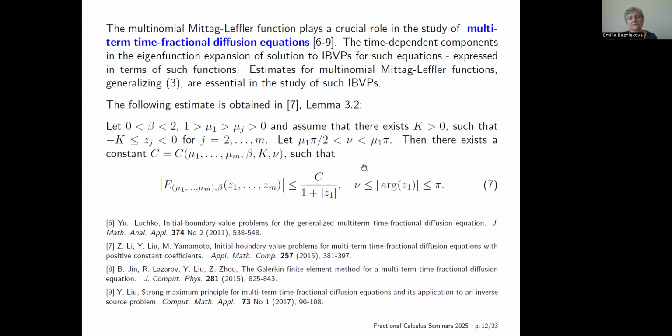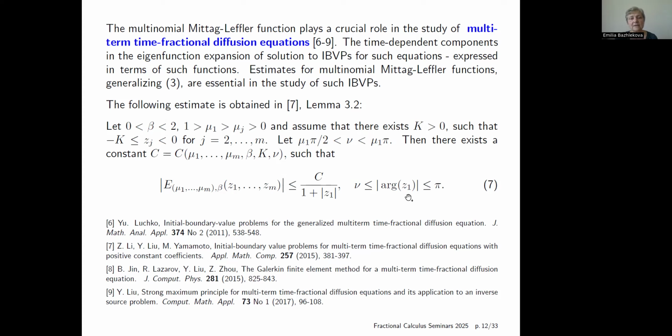where this estimate is obtained for parameters beta between 0 and 2 and mu between 0 and 1. And it is supposed that the first variable, which corresponds to the largest mu1, can belong to a sector of the complex plane that contains the negative real axis.